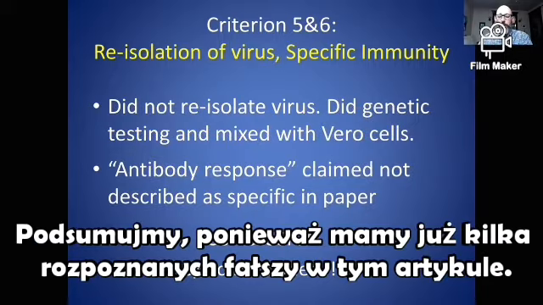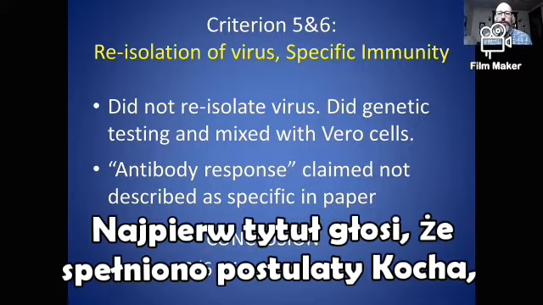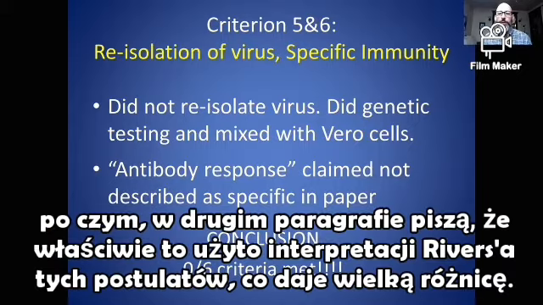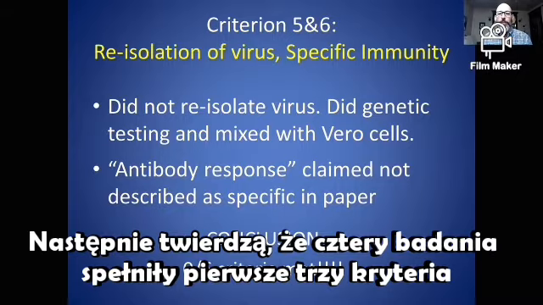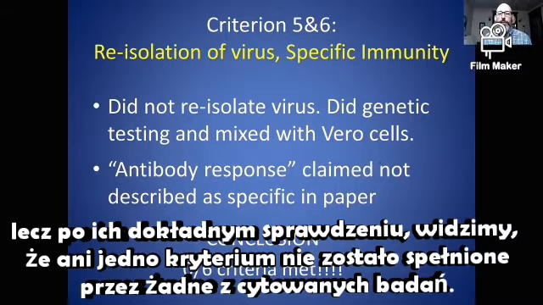So let me just summarize, because there are several misrepresentations in that article. First, in the title, they said they satisfied Koch's postulates, but in the second paragraph, they said actually they used Rivers' revision of the Koch's postulates, which are distinct. And then they claimed that 4 papers satisfied the first 3 criteria, but upon closer examination of those papers, not one criterion for any of those papers was satisfied.